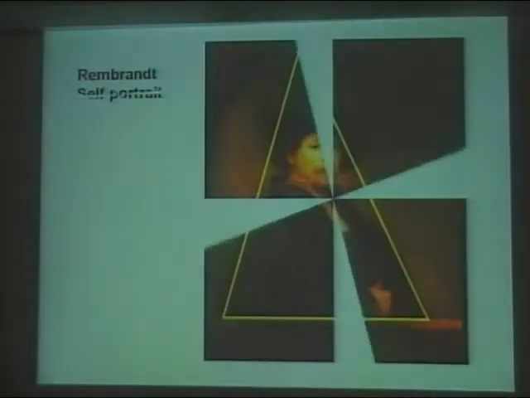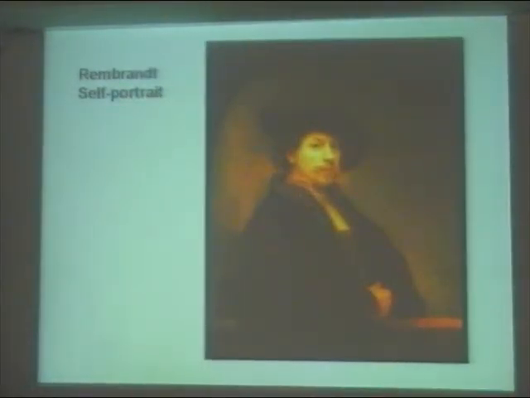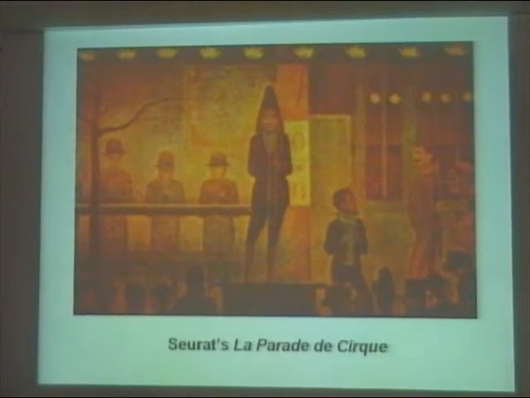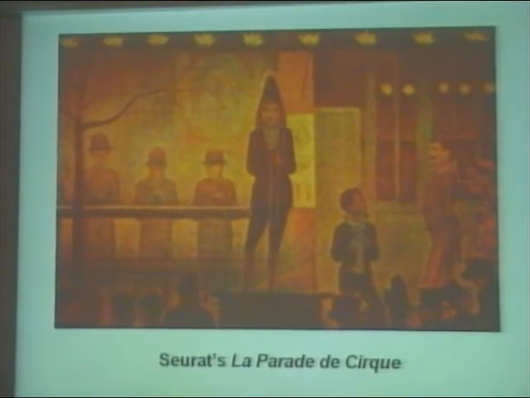All right. One gets in Rembrandt's self-portrait, again, a triangle which is very close to a golden triangle. And here is a painting by Seurat, the French painter who's a pointillist. You know, all of his paintings were made with little dots which he put on. This particular one is called La Parade du Cirque, the circus parade.